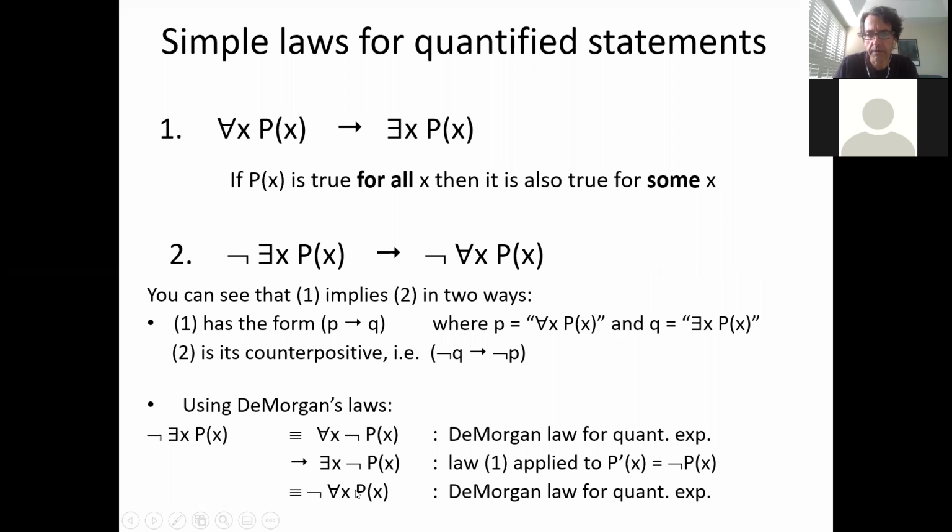And now just envelop it by using De Morgan's law again, and this is equivalent to that, right? So the same thing you can see in two different ways, probably even in more.